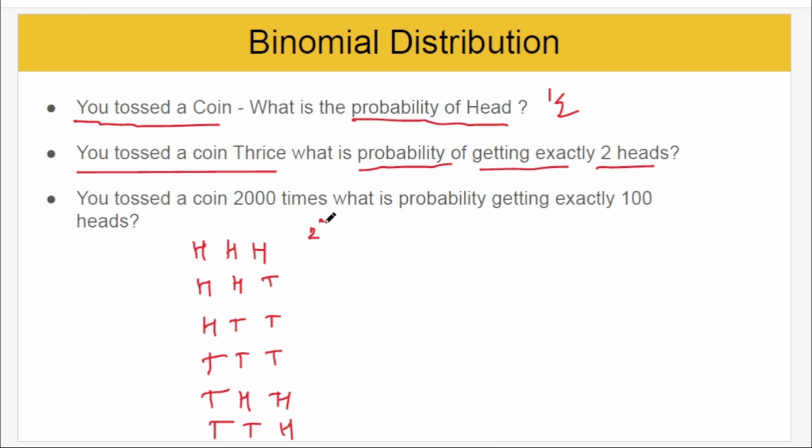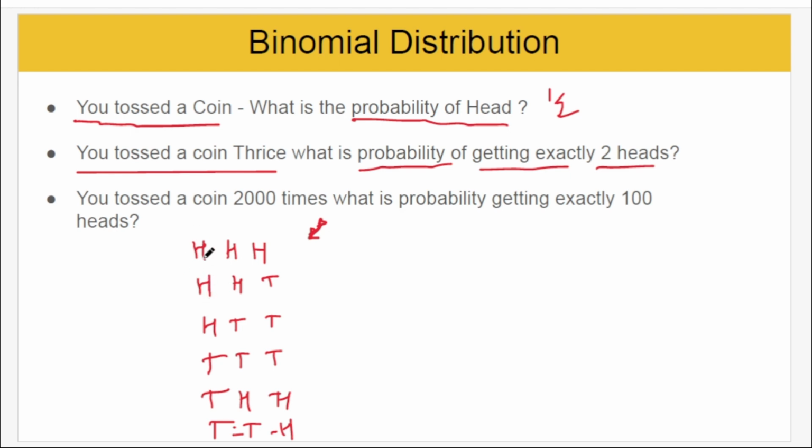It should be 2 to the power 3, which is 8. We are missing something. It is TTH, TH, whatever. Suppose this is our sample space. We are not interested in that.